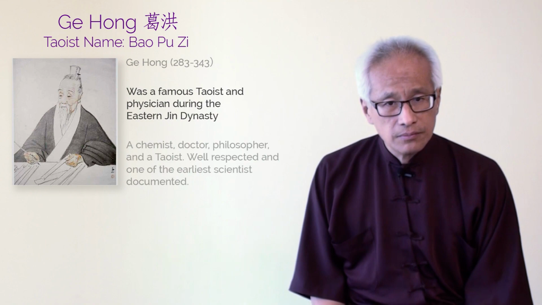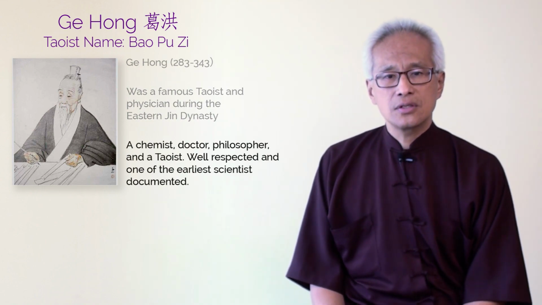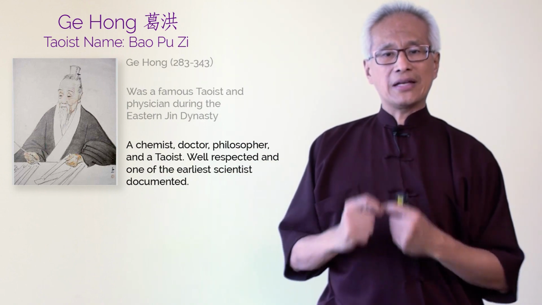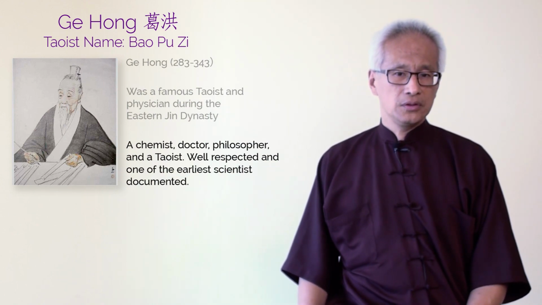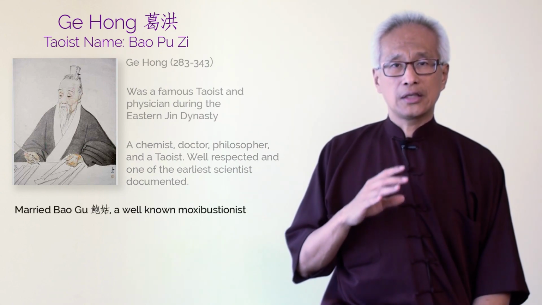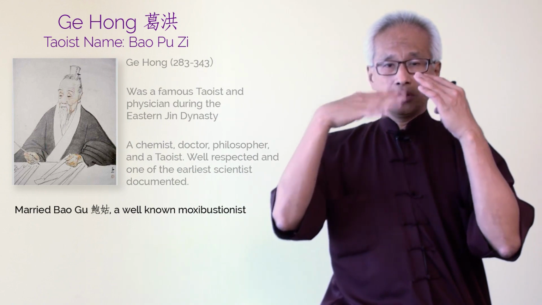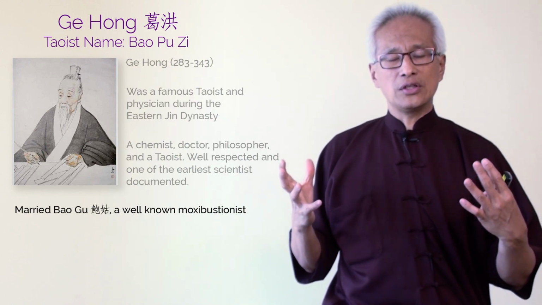He's a chemist, a doctor, a philosopher, and a Taoist, and he is well respected and one of the earliest scientists documented. He is married, a well-known government official. Okay, so in that situation, he is wonderfully suited.